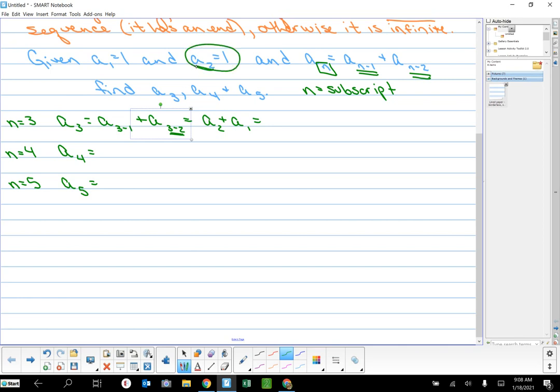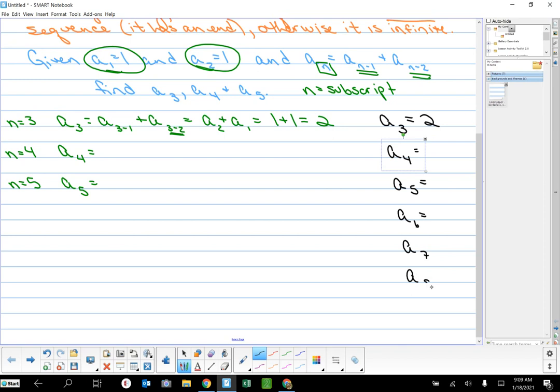A sub 2 is 1, and a sub 1 is also 1, so we can substitute here. 1 plus 1 is equal to 2. Therefore, I'll make a list over here. A sub 3 equals 2. And eventually we'll have a sub 4, and we'll have a sub 5. And then I'm going to have you predict, or we'll solve if you can't, a sub 6, a sub 7, and a sub 8. Okay, let's see if we can figure out what those are going to be.